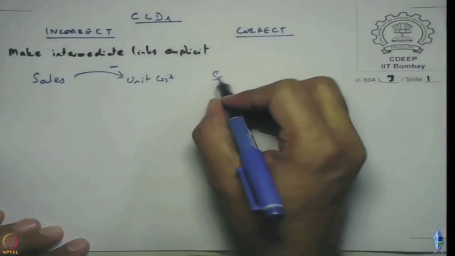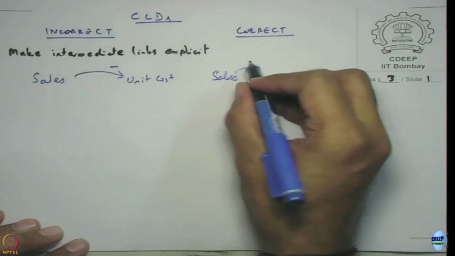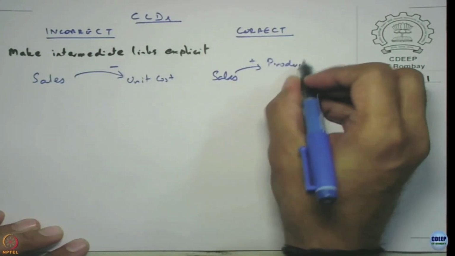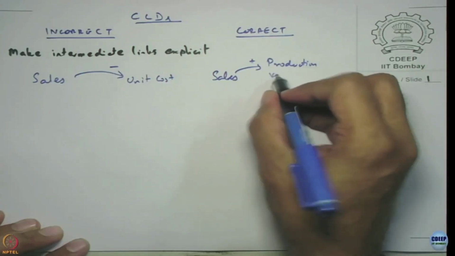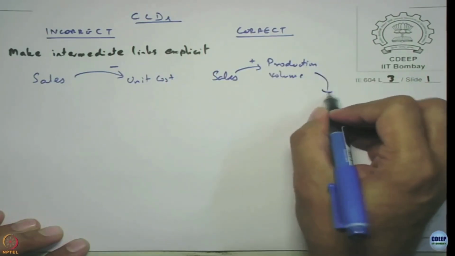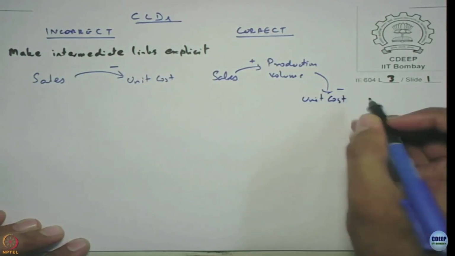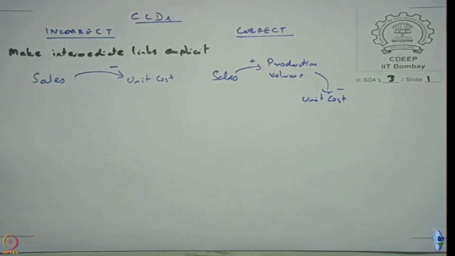For example, we may want to actually say that the larger the sale, it can have larger production volume, which can result in reduction in the unit cost. As the production volume increases, the cost comes down.